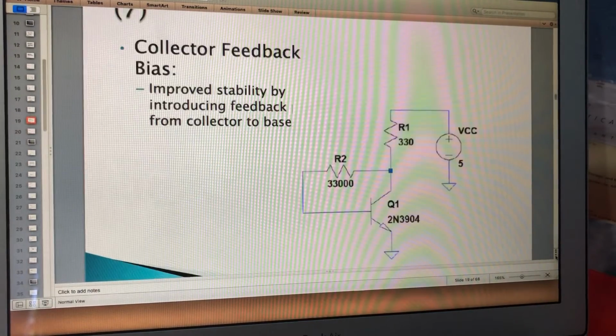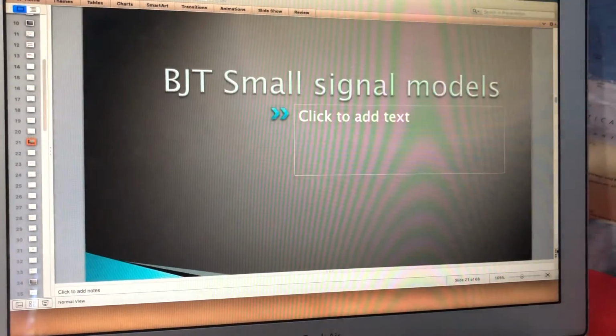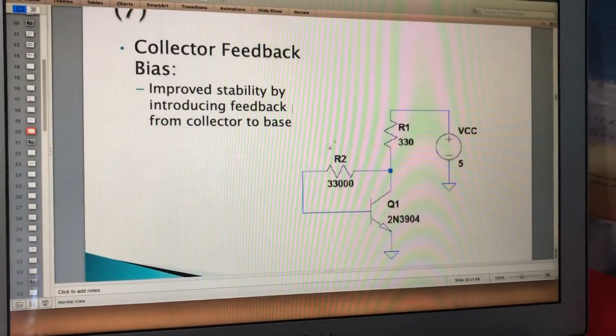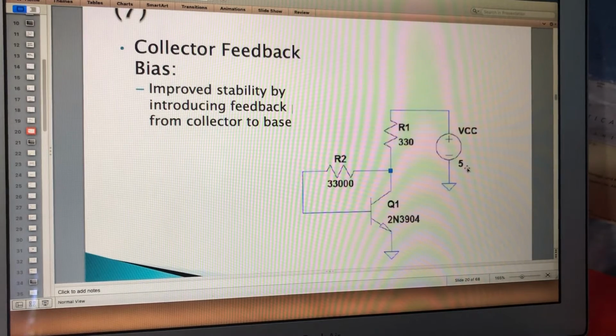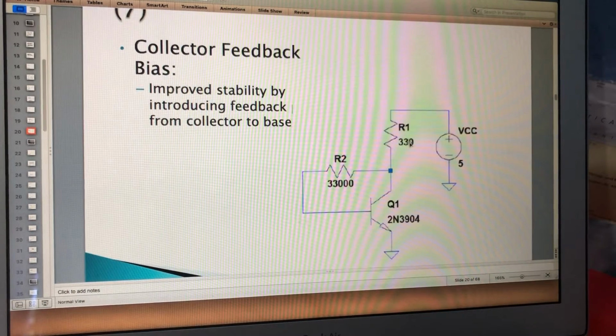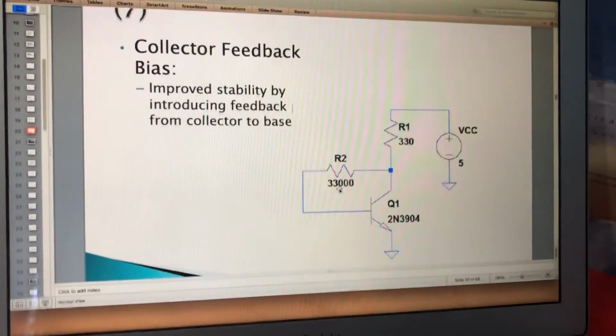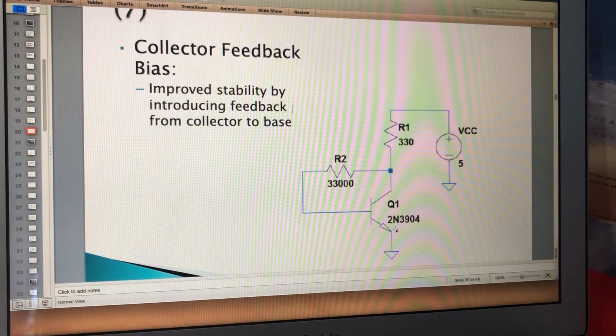Let me see what else. So this is another way. Maybe you can try to solve with these values here: 5 volts, 330 for this resistor R1, 3.33 kilo ohms for R2. With this transistor, just choose beta equals 100.